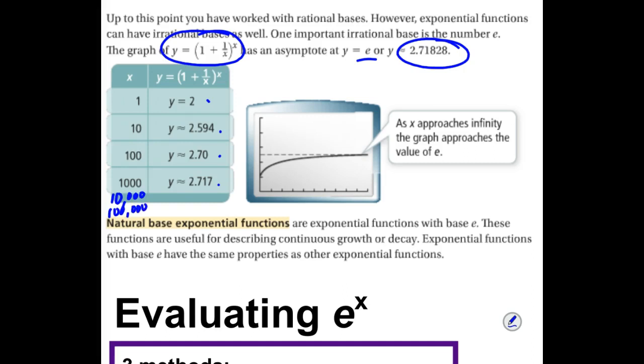If we kept going, this y value is going to get closer and closer to this. Okay? Now, when you see an E in the formula, if you're trying to visualize what that graph's going to look like, think of it as a 3. 2.718 is very close to a 3, right? So your graph's going to look really close to there being a 3 in there instead of a 2.718. Okay?